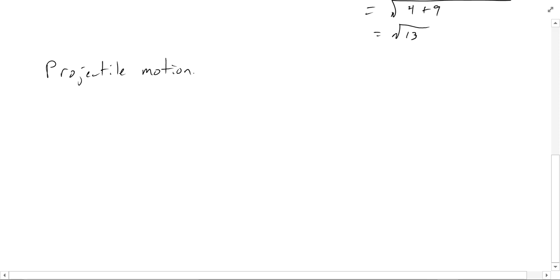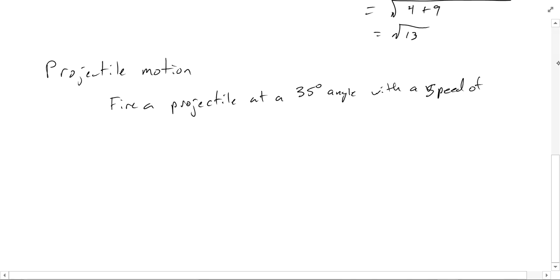Suppose we fire a projectile at a 35-degree angle with a speed of, I don't know, 40 meters per second, and we want to describe the path of the projectile.